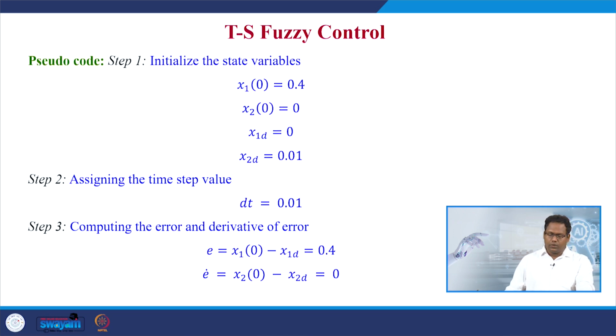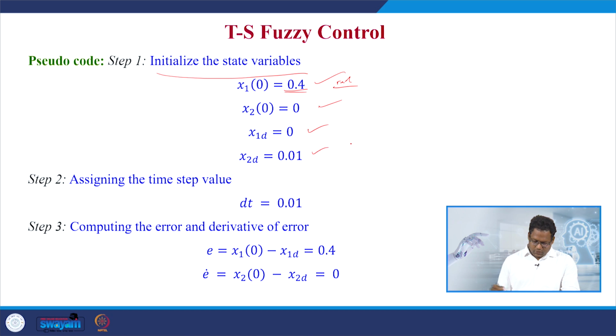Next, coming to the pseudo code associated with this problem. Step 1 here is to initialize the state variables, that is x1 of 0 is some value, say 0.4 radian, and x2 of 0 is 0 velocity, and the desired value x1d equal to 0 and x2d equal to 0.01.